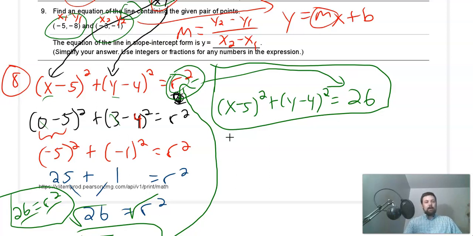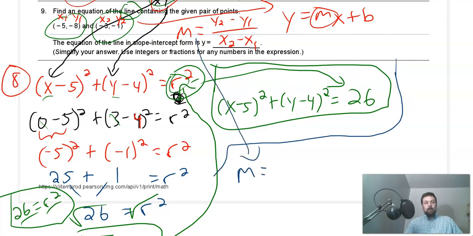And so let's see, how do I want to do this? I kind of messed myself up here. So let's do this first. So m is going to equal y2, which is -1, minus, because there's a minus sign in the formula, y1, which is -8, over x2, which is -3, minus x1, which is -5.